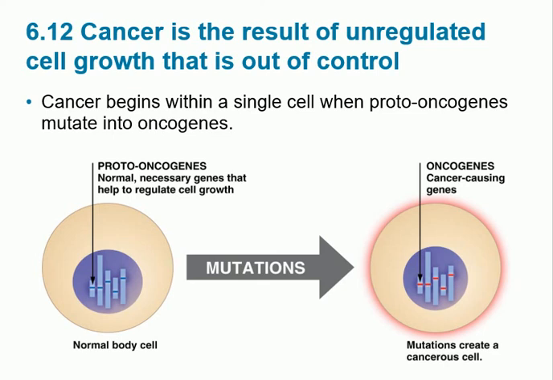It has to be a real result, like the frame shifting, not like the silent mutation. That's not going to do anything. A real mutation that happened, changing the nature of that gene to the extent of losing control.